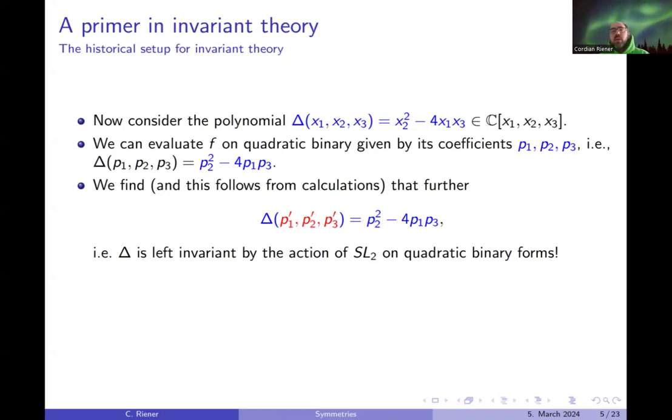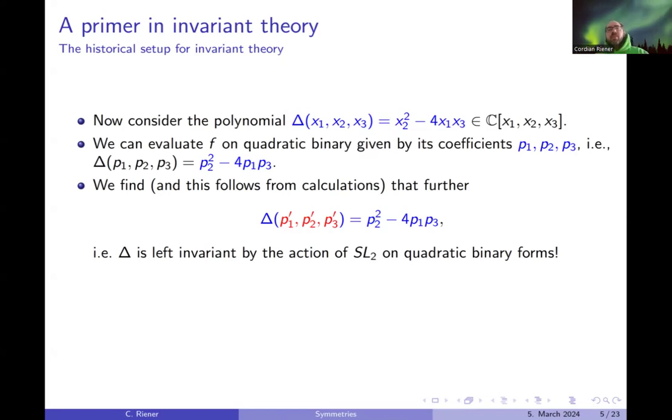So suppose Thomas gave me another polynomial, P1 prime, P2 prime, P3 prime. I plug it in, and the magic that happens is that I actually get the same value back. So the magic being I get the same value as was obtained by the original polynomial. Another way of saying this is that the discriminant delta is left invariant by the action of SL2.